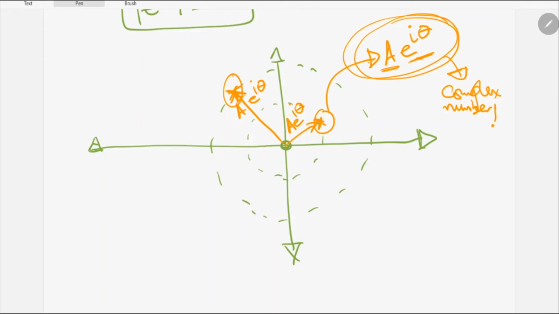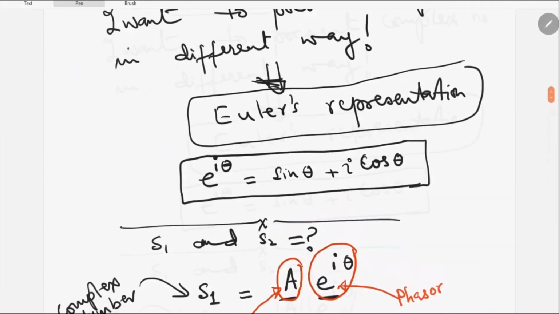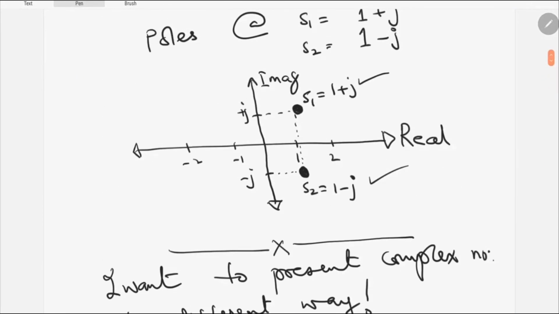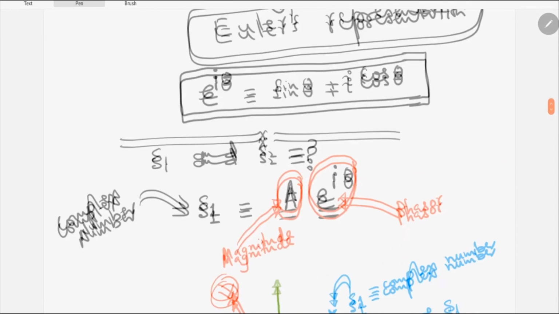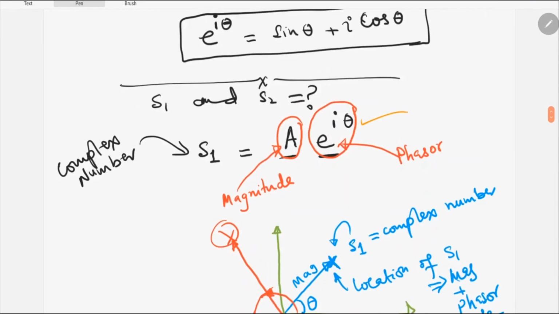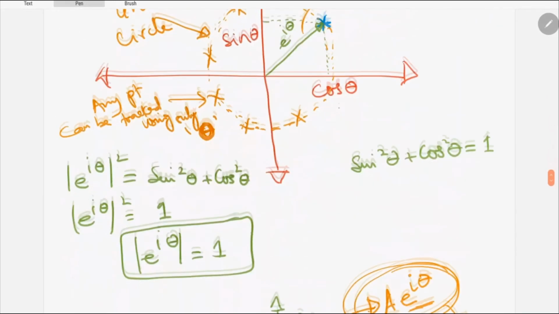To prove that this will be generating the similar complex number that we saw over here, let's try to find out the magnitude and the phase of this thing, and then put it in Euler's formula over here, and then see what number we get.